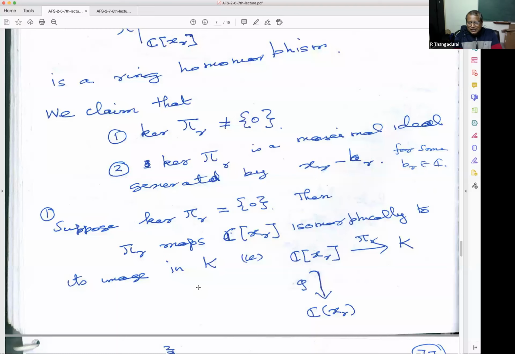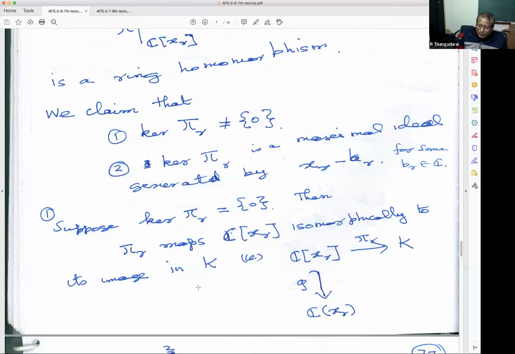It means the polynomial ring C[xr] is isomorphic to its image inside the field K. So in some sense, this polynomial ring is sitting inside K.